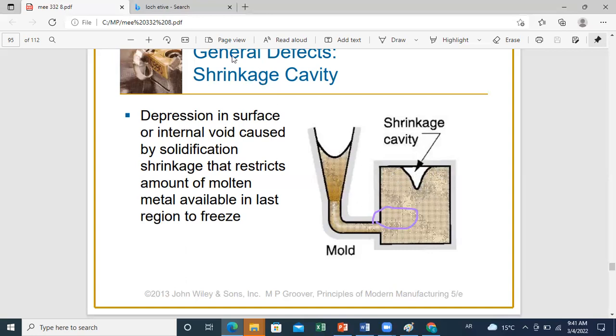And of course, the riser is one of the solutions for this, because we will put the riser in zones close to the parts where we can still supply molten metal until the complete solidification.